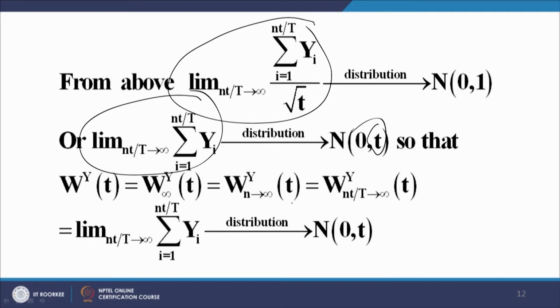Please note this point, here the variance is 1, but as soon as you consider only the numerator, you see the stochasticity is contained in the numerator, the denominator does not contribute to the randomness, does not contribute to the stochasticity.